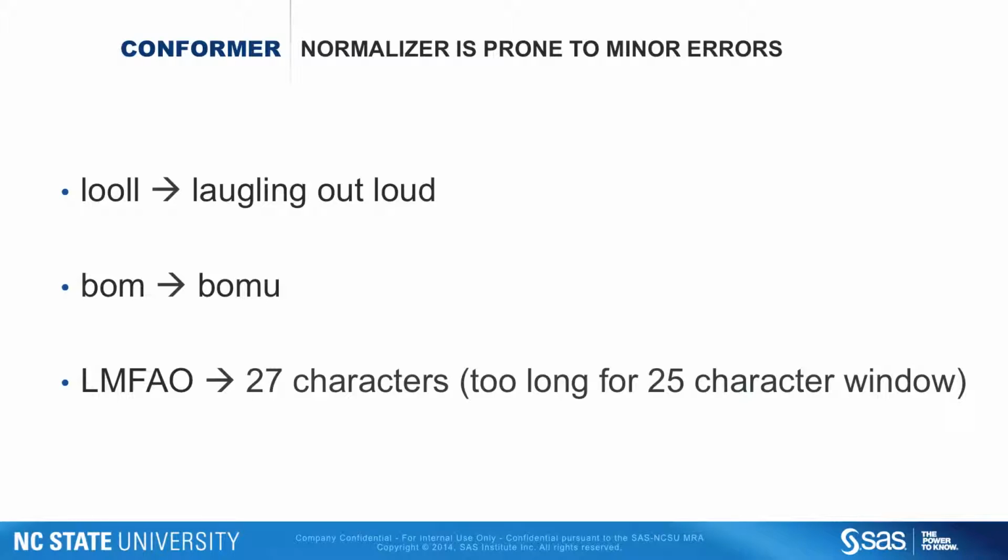We predict that this has to do with a limited amount of training data, which can lead to these sort of weird little quirks. Similarly, bomb gets corrected to bomu instead of bomb, and LMFAO gets corrected to 27 characters, the correct correction, but we use a 25 character window and it doesn't fit.